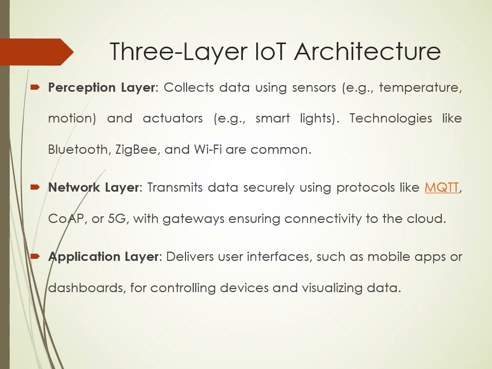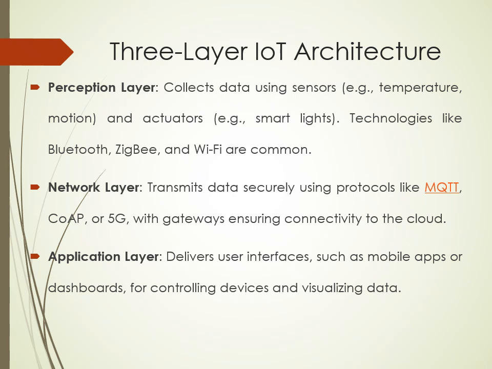We are going to sense the environment. The devices and sensors used in this perception layer collect the physical or environmental data using physiological sensors or environmental sensors, and so on.